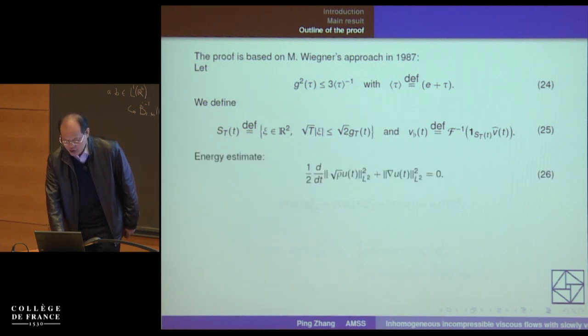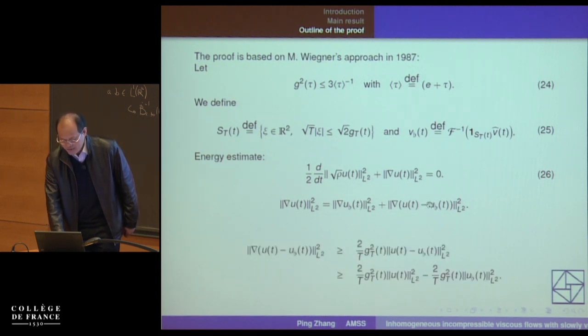With this definition, we first have this energy estimate, which is standard. With this energy estimate and this definition, we know u flat should be perpendicular to u(t) minus u flat in any Hilbert Sobolev space, in particular in H^1. Because of this orthogonality, we can split the gradient of u squared into this part plus this part.